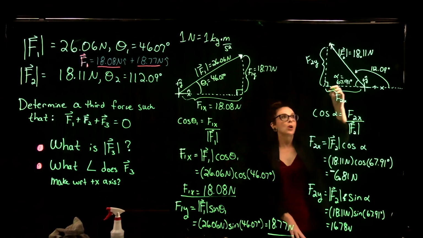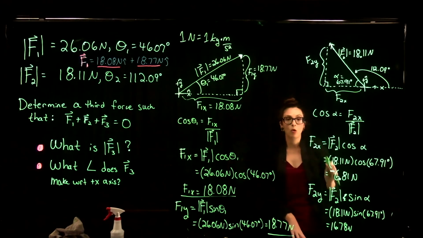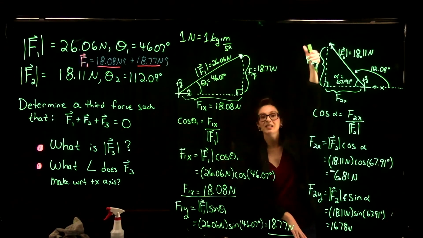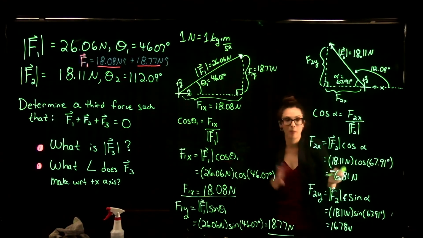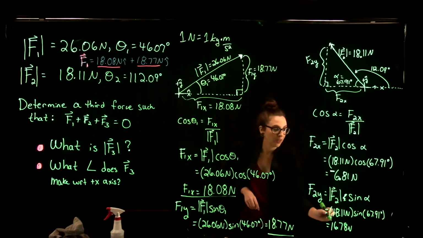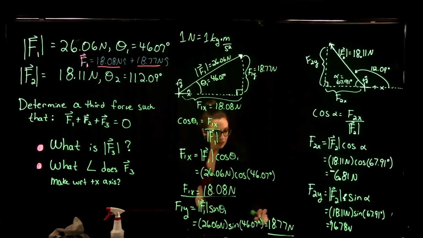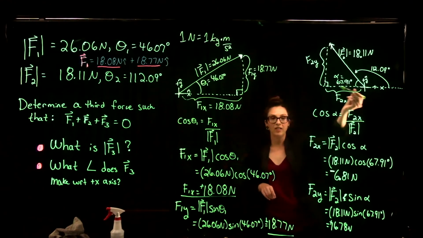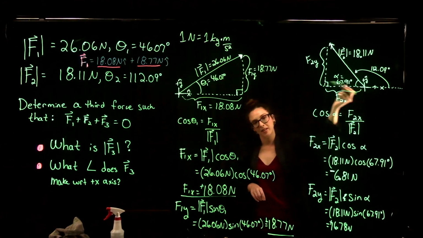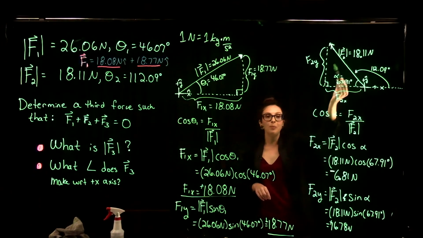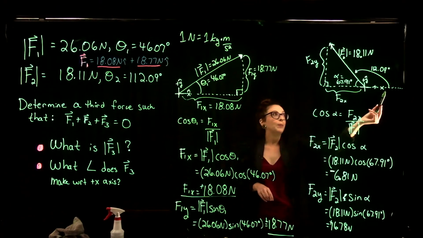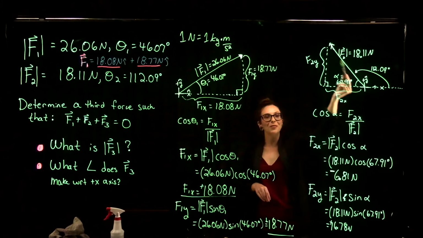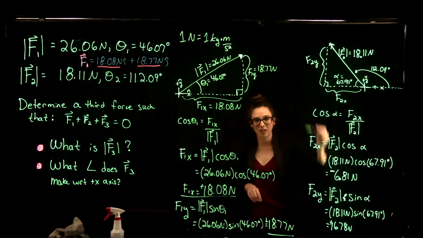This y component is positive, so we don't have to worry about putting any other sign out in front. We can just remind ourselves that these are positive. The x component of F2 is negative because we're going in this direction, just because our angle was bigger than 90 degrees, so we're going up in this direction.